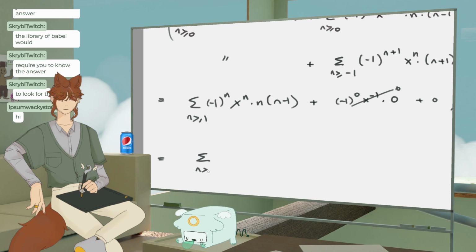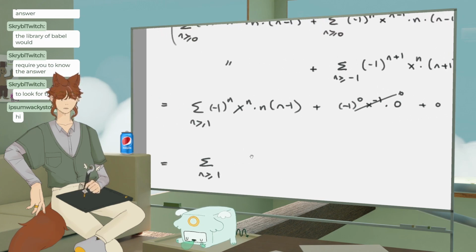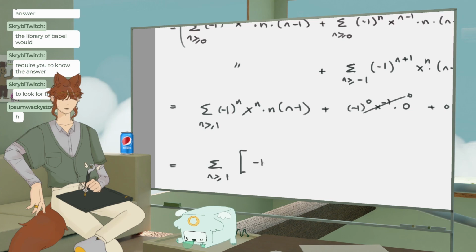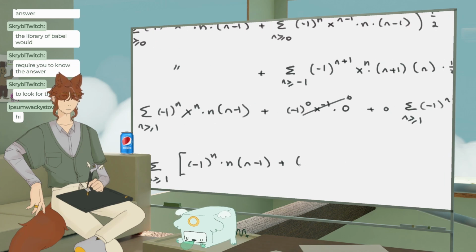Equals the sum for n greater than or equal to 1. Okay, so we have -1 to the n times n minus 1 plus -1 to the n. What if I just pulled out a -1? Just for fun.